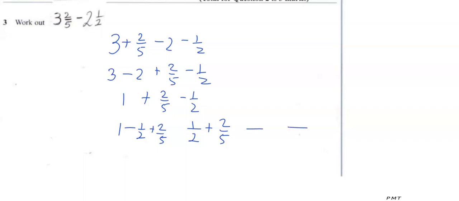So making the bottom numbers the same, we have 10, 10, 5, 4, and the answer equals 9/10.